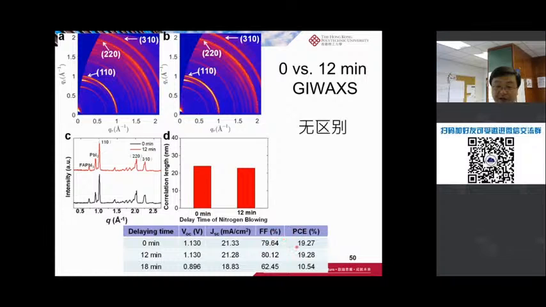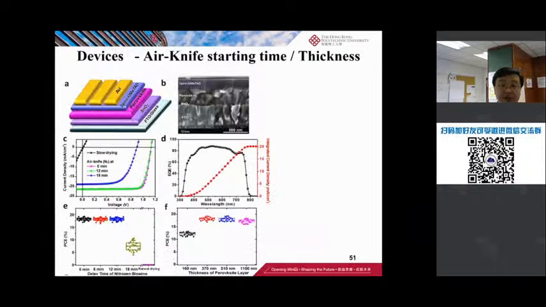Overall, you get basically the same device. And when it goes to 18 minutes, already in the middle transform zone, efficiency starts to drop. So we do have a wide window, and we know where the critical points are that you need to consider.